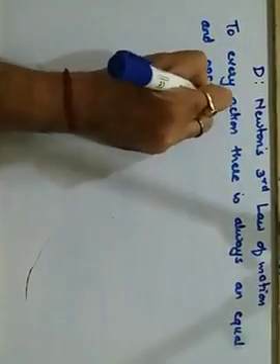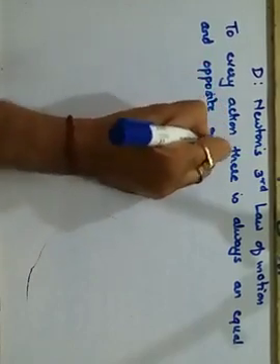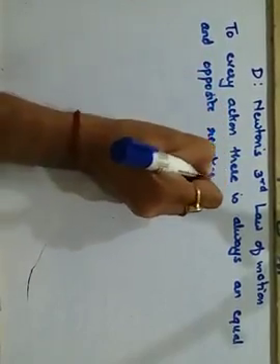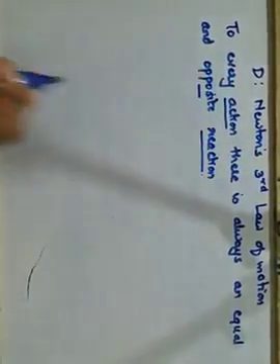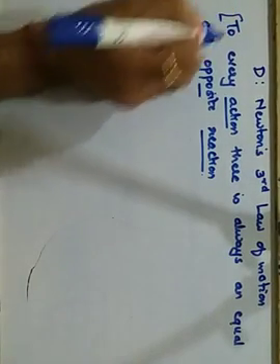I'm stressing on the word opposite. Whenever there is an action, there has to be a reaction, but in the opposite direction. So the statement says, to every action there is an equal and opposite reaction.